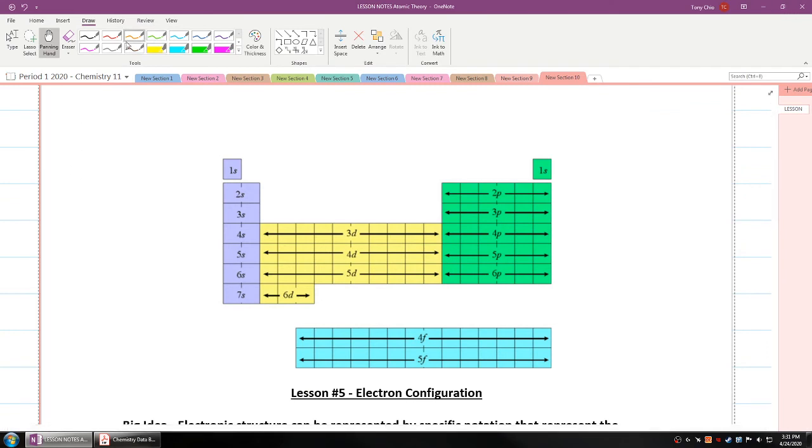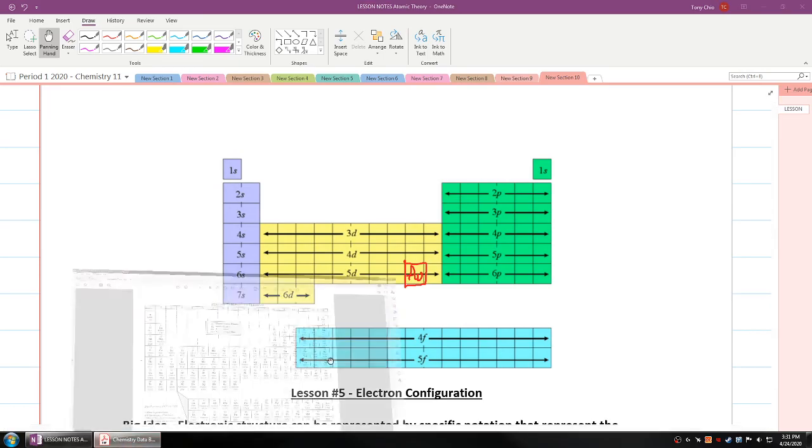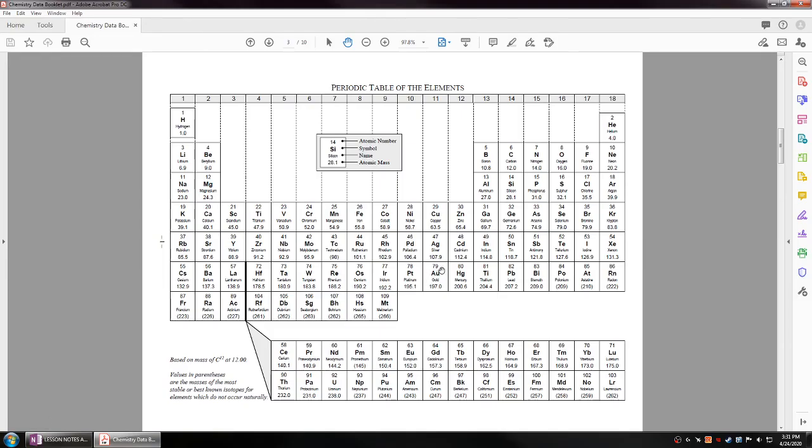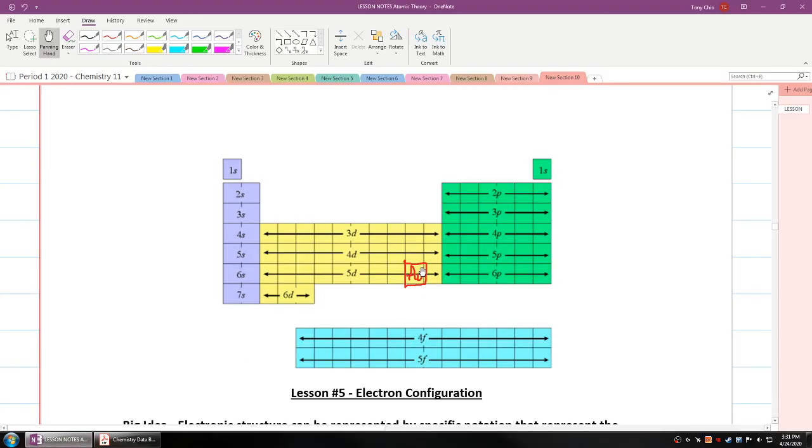Here is gold, it's Au. Now looking at where gold is, what orbitals will gold have? Well, first of all, gold has 79 electrons total because it has atomic number 79. What that means is 2 electrons will fit in the 1s because it'll fill out the 1s first.